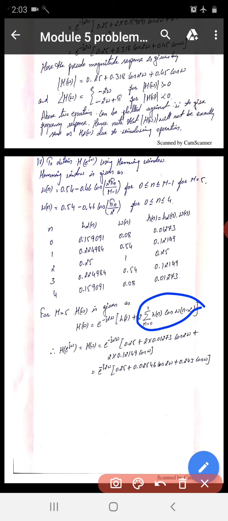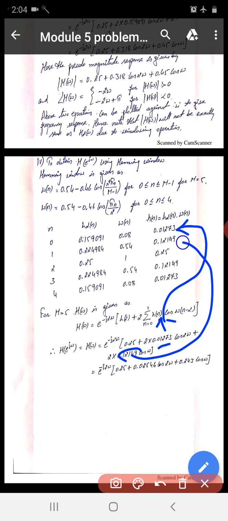Okay, then substitute the values for h of 0 as 0.01273. Previously we took those values, but here we change those values by using the Hamming window. Then h of 1 we have to consider from this value.